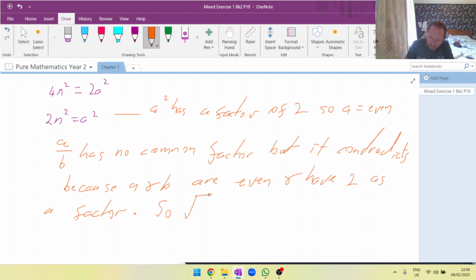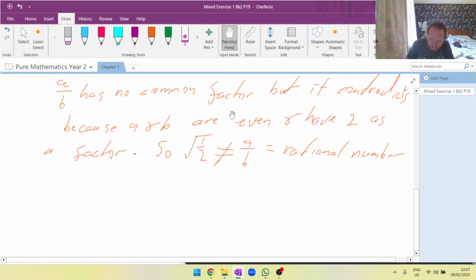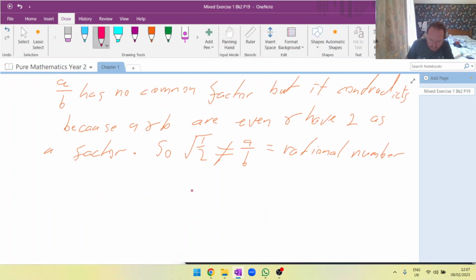So the square root of a half does not equal a over b, a rational number. And so the square root of a half must equal an irrational number, because that's its only other choice.